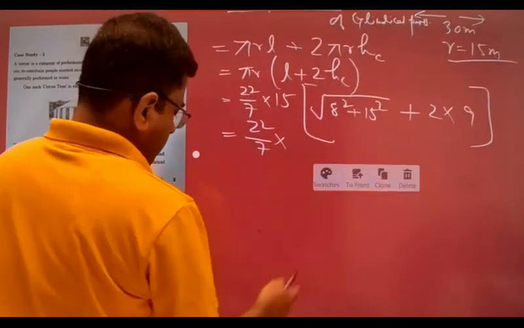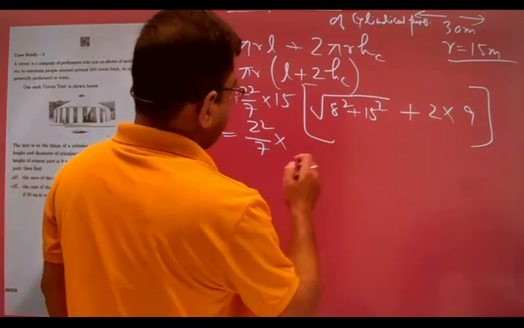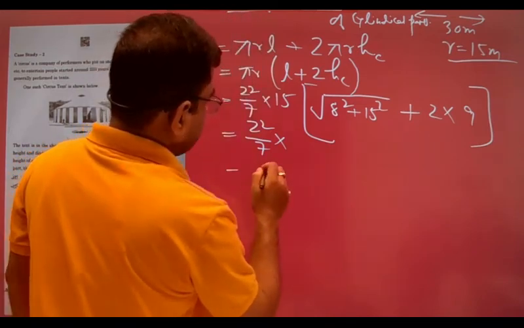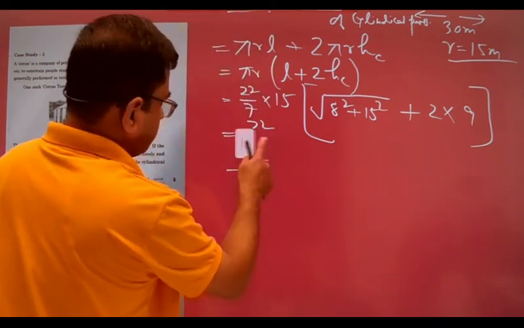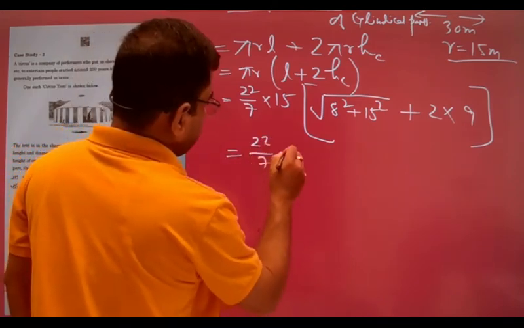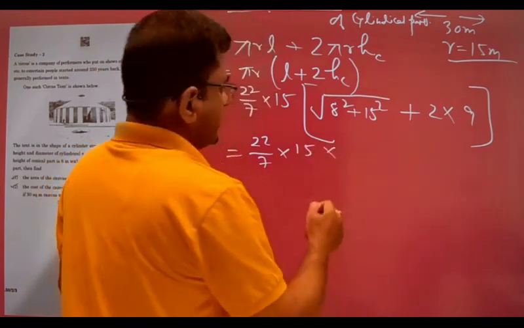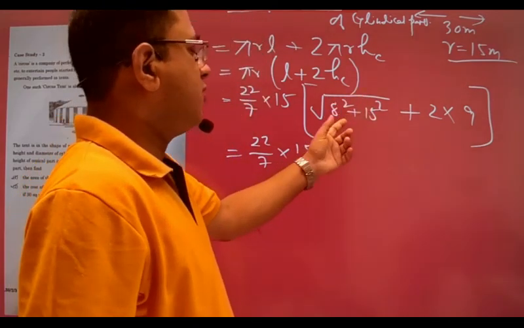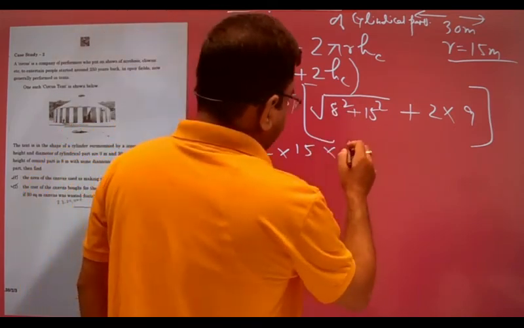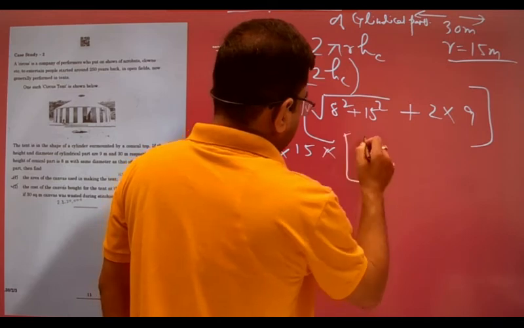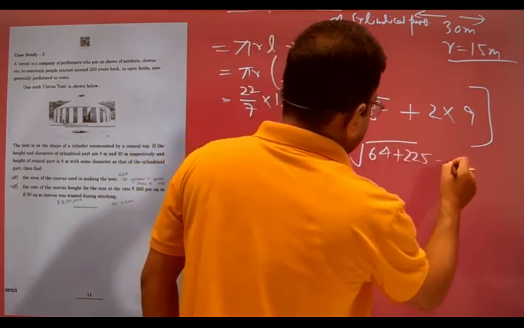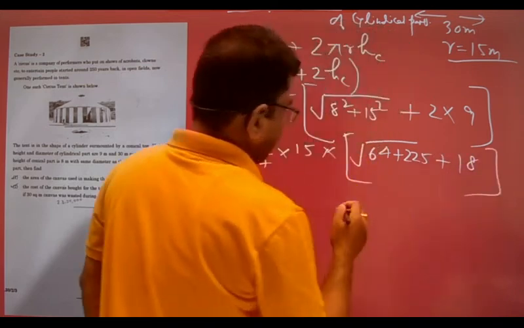Let us do the simplification. So 22 by 7 into 15, into the square root of 64 plus 225, plus 18.